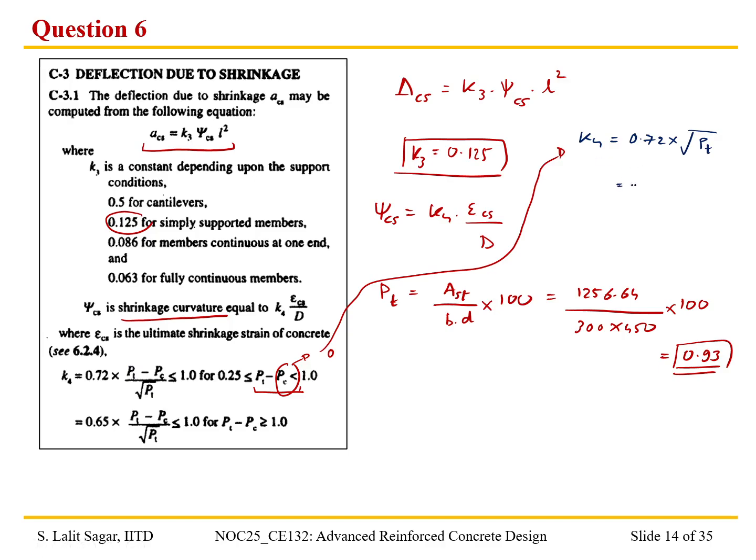So 0.72 multiplied by square root of 0.93. The value of K4 is 0.694.